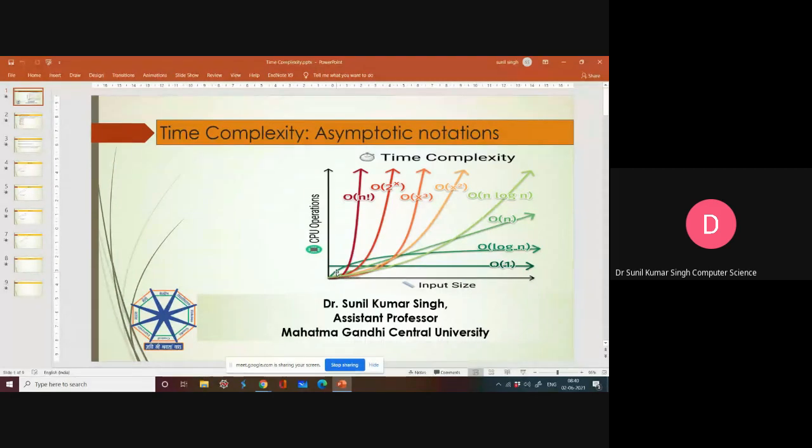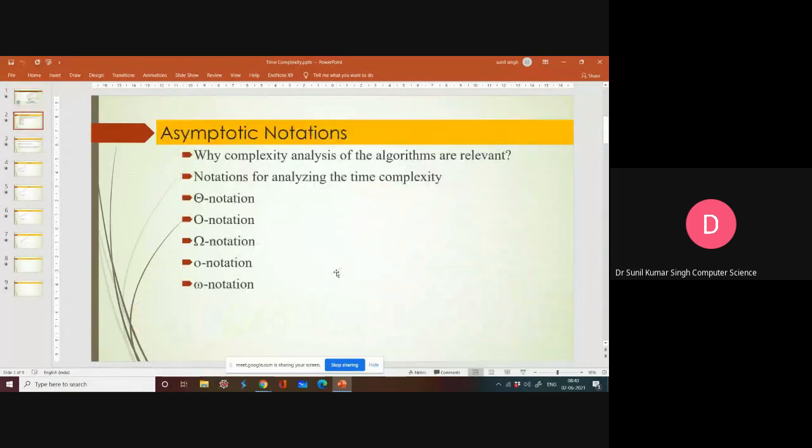As for the outline for today's discussion, we have to learn why complexity analysis of algorithms is relevant, and the notations for analyzing time complexity. Of course, these are the listed notations: theta notation, big O notation, big omega notation, small o notation, and small omega notation.